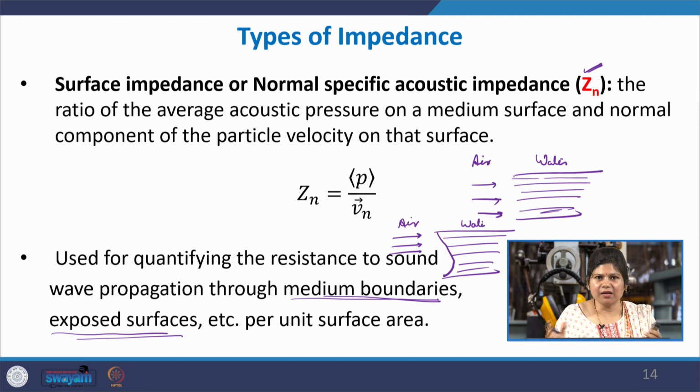So, we cannot differentiate between the two cases using just the characteristic impedance, because the media pair is the same. The difference is in the type of boundary and the exposure to the incident wave. So, to characterize this difference in how it is being exposed, we use this particular normal specific acoustic impedance. This is a per unit area kind of quantity.